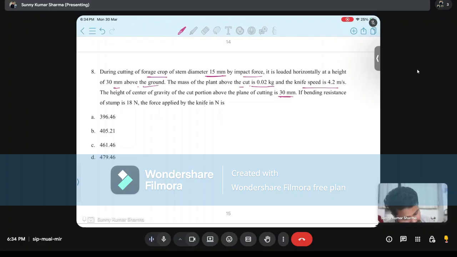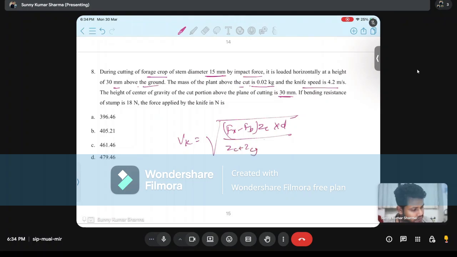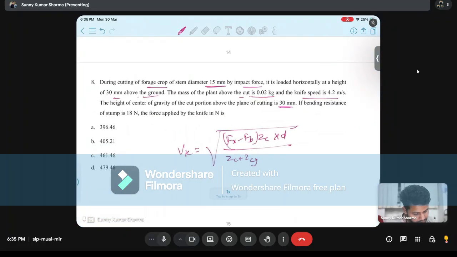What is the force applied by the knife in Newton? So that formula we will have: F is equal to root under Fx minus Fw into ZC into B by Z, ZCG into MP into 1000.